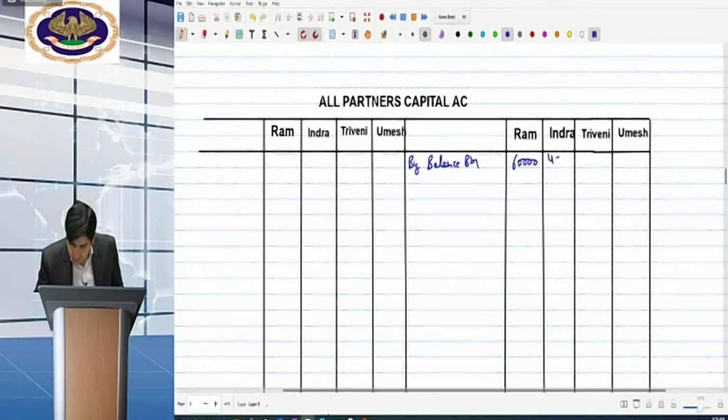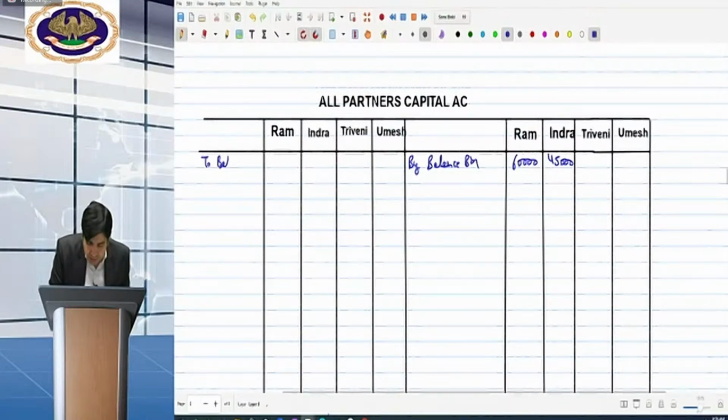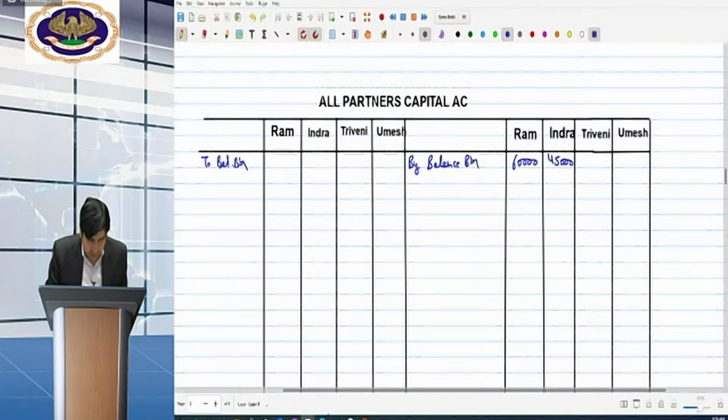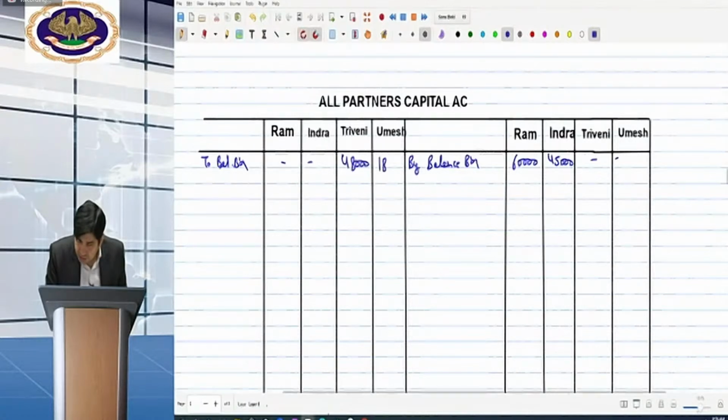First write down the credit balance, then write down the debit balance on the asset side, to balance brought down, 48,000 and then 18,000.